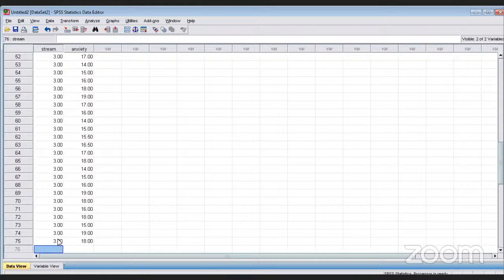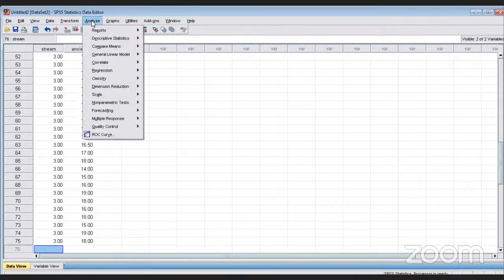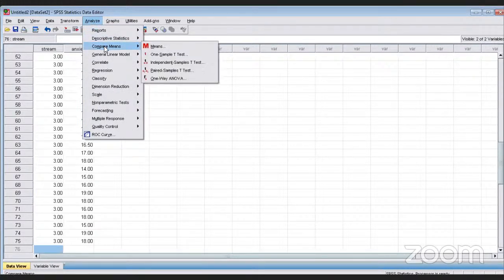Now, I have to go to analyze, and then I go to compare means. And in the compare means, can you see one way ANOVA?